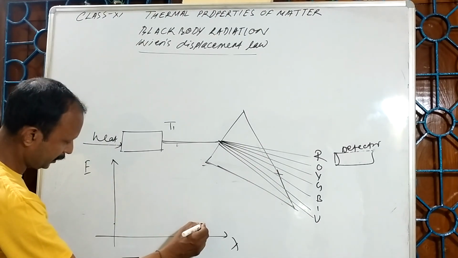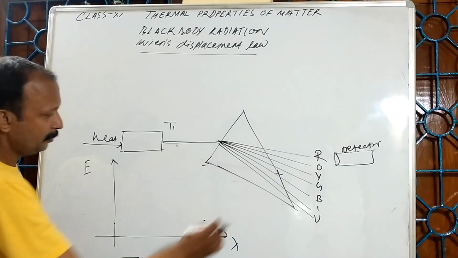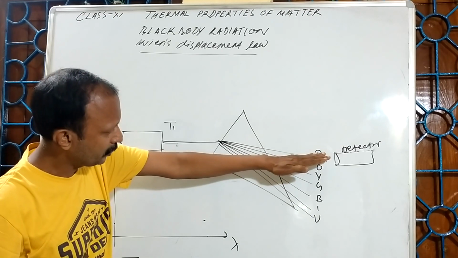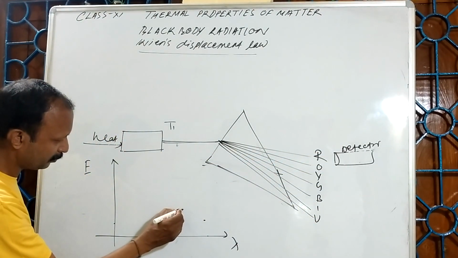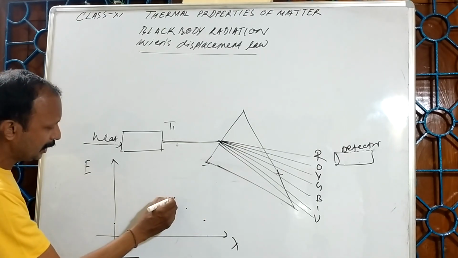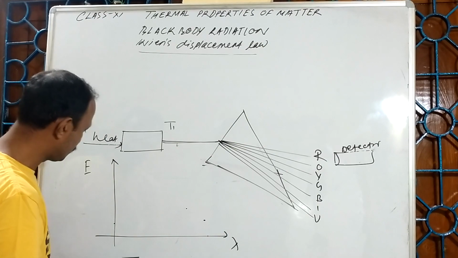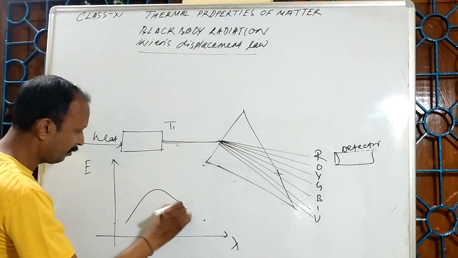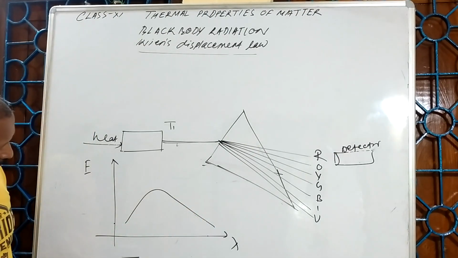That means I shall get this point. Similarly, if I come from red to violet, I shall find that the wavelengths are decreasing. So if I take the wavelength in the x-axis and energy in the y-axis, I shall find a graph like this.